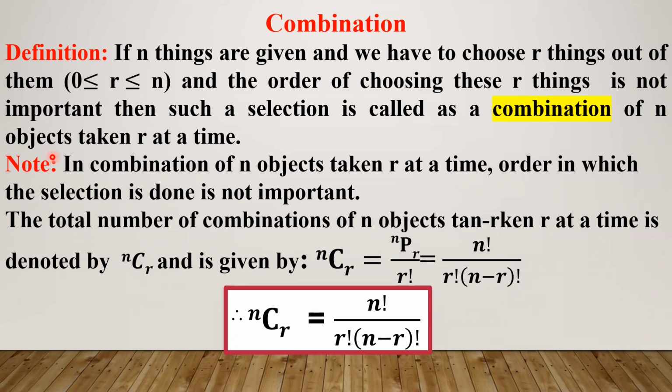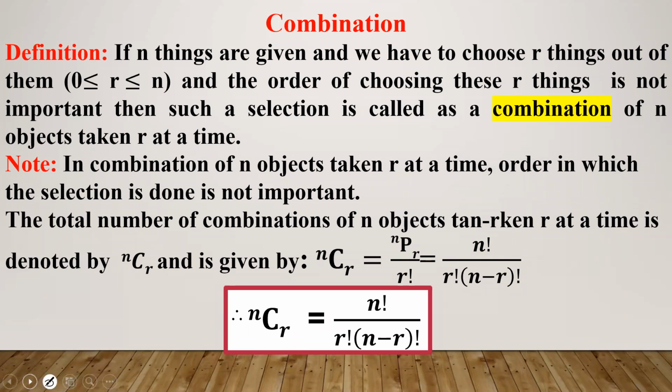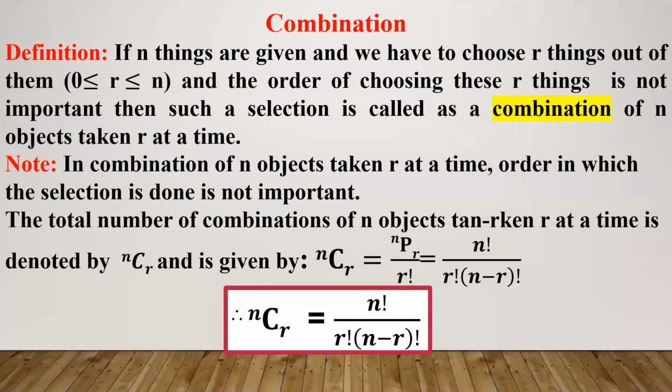Look at the note that we have done. Now see, the total number of combinations of n objects taken r at a time is denoted by nCr.